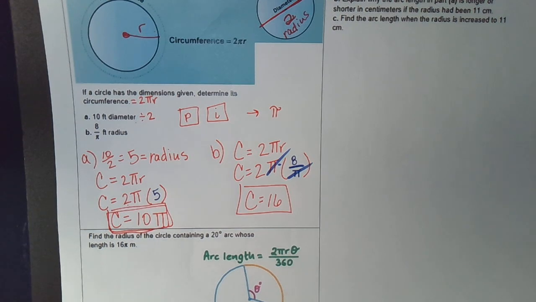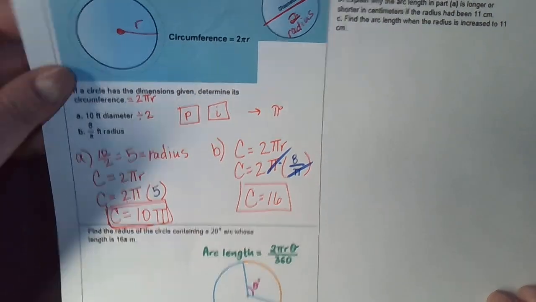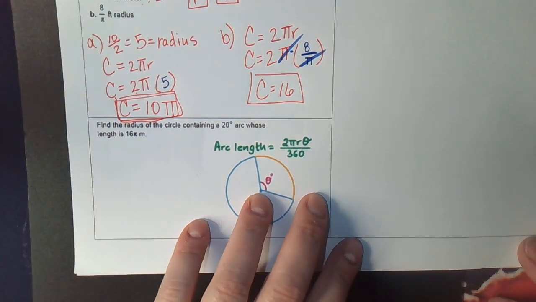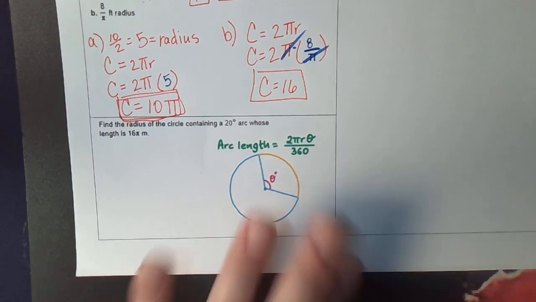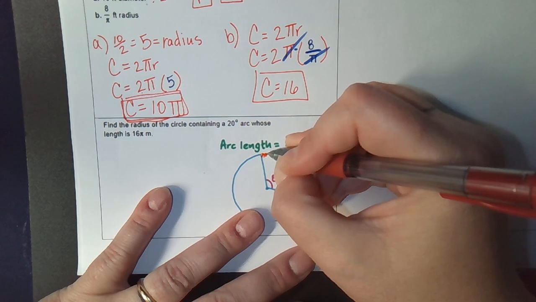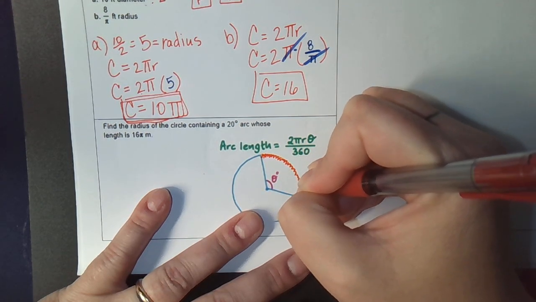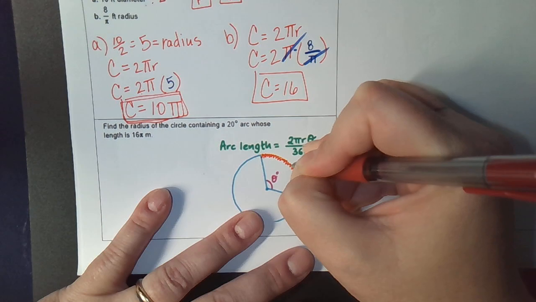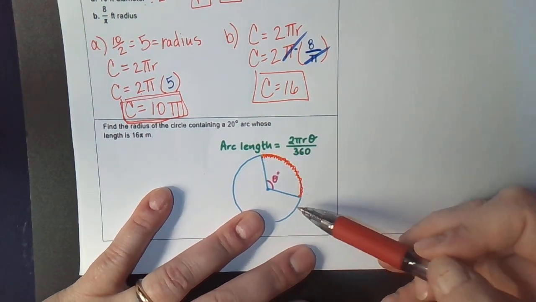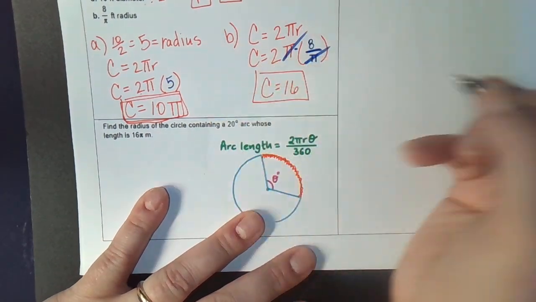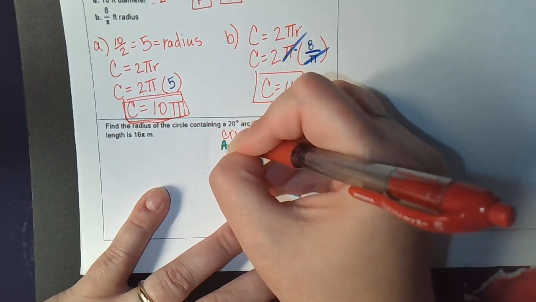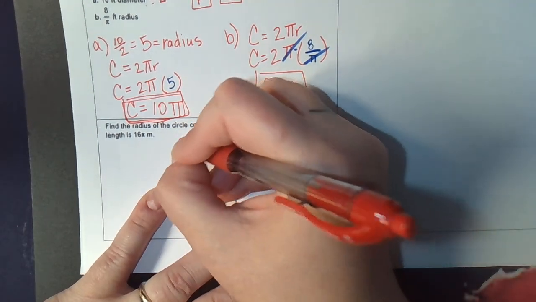Okay, the next thing that we're going to talk about is arc length. Arc length describes how long the outside of this one section is. It's kind of like the crust of the pizza.